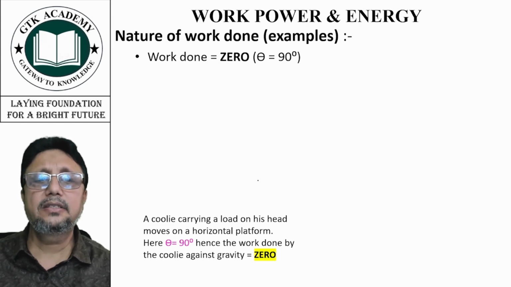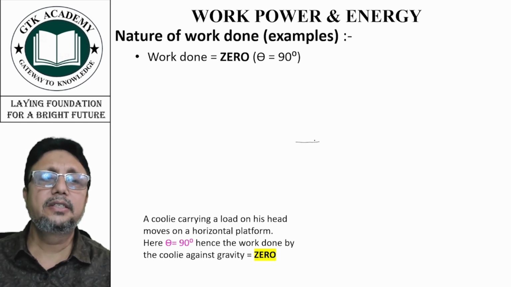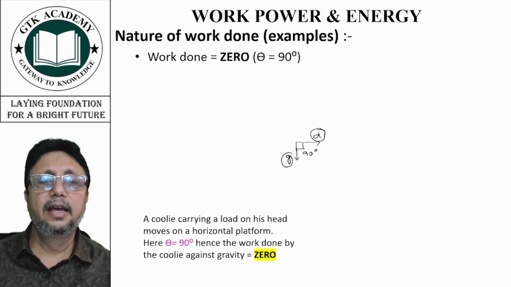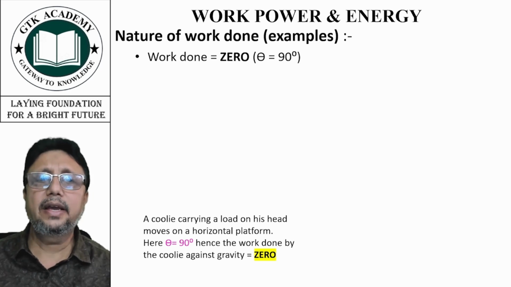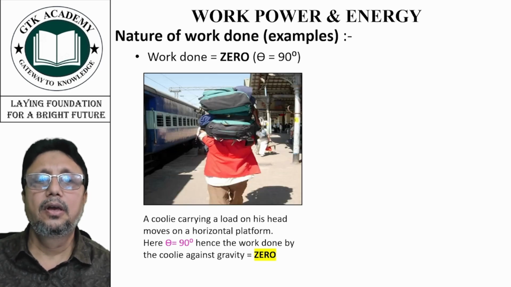Because the force acting is the force of gravity, and his movement is in this direction, and the force of gravity is in a perpendicular direction. So the displacement is happening in this direction and the force is in a direction perpendicular to displacement, where theta is 90 degrees, and there is no work done by the force or against the force. I think now it will be more clear.